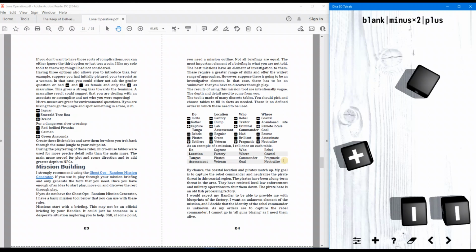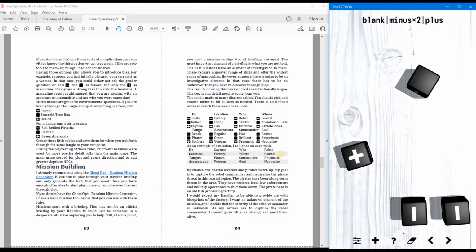But the question was, who was funding them? Their equipment is very good. Their intelligence is good, so it was expected that there was a player behind them. So the goal was to capture the rebel leader.